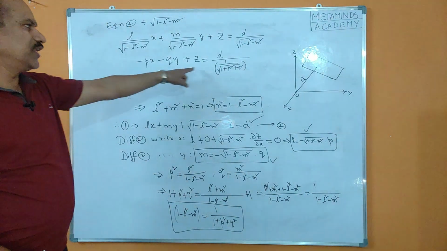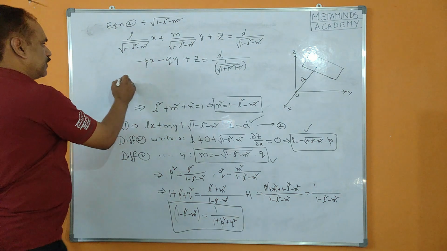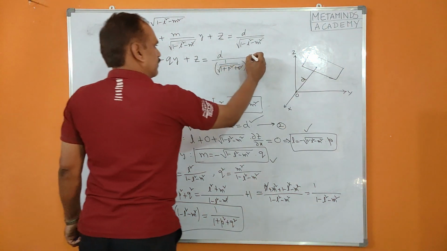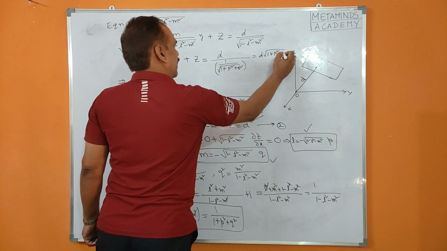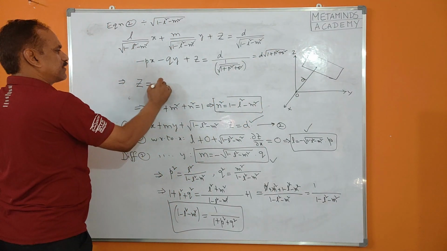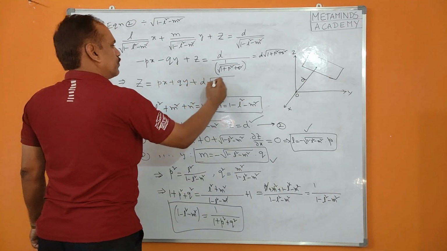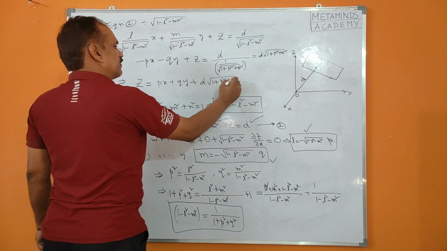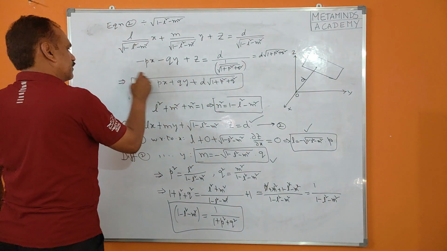Now we have successfully eliminated all L and M, right? There are no L and M in this. So z equal to px plus qy plus d root 1 plus p square plus q square is the required answer.